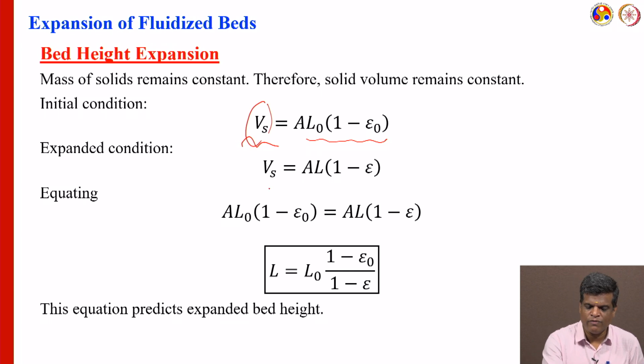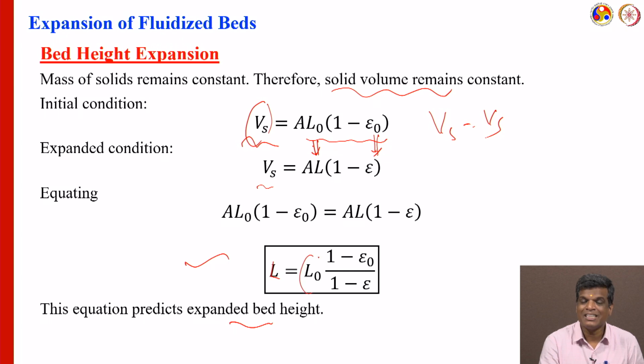In the expanded condition also, Vs equals A L times 1 minus epsilon, with the porosity equal to epsilon. If both are equal, the solid volume remains constant, because the solid volume does not change after fluidization. So both are equal, and we get the equation to predict the expanded bed height: L equals L naught, the initial height, times the ratio of 1 minus epsilon naught to 1 minus epsilon.